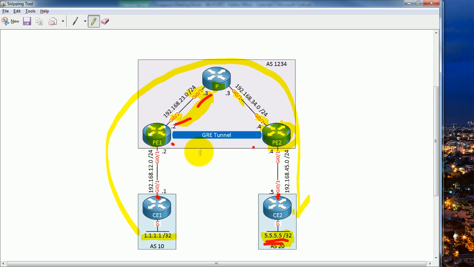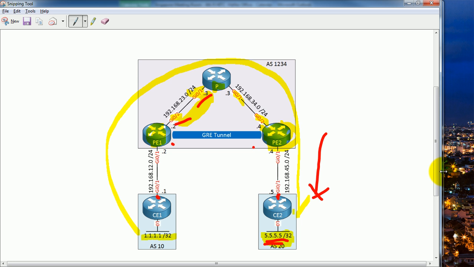P2 will receive a regular IP packet without a label, with destination 5.5.5.5, and it will forward it using the routing table towards CE2. When CE2 receives the packet, it will create an ICMP echo reply.